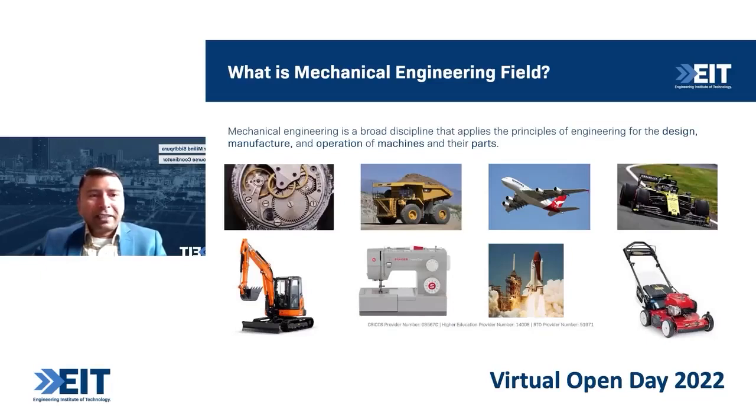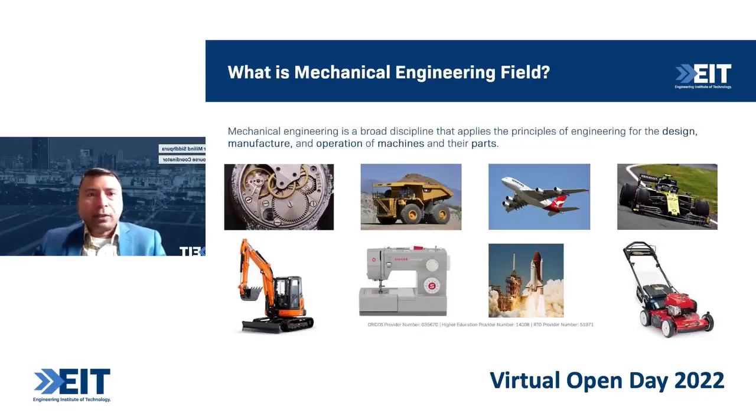So, for example, what is this? It's the internal mechanism of a wristwatch. This is a huge mining truck or dozer. This is an aircraft, an F1 racing car. Here you can see a lawnmower, a spacecraft, a shoeing machine, and a hydraulic excavator, right?